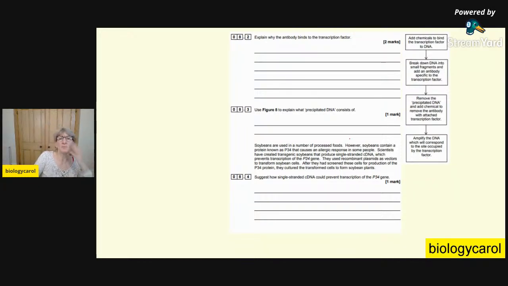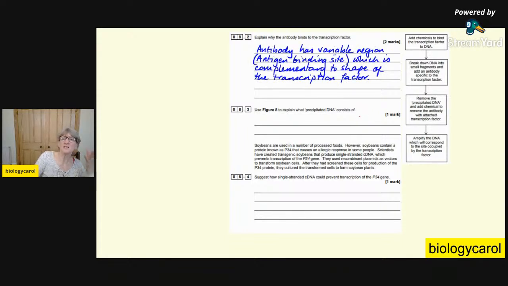Explain why the antibody binds to the transcription factor. Well, that's because they're complementary. All right, so here's what I wrote. Antibody has a variable region, called the antigen binding site, which is complementary to the shape of the transcription factor. So we have got complementary shape.